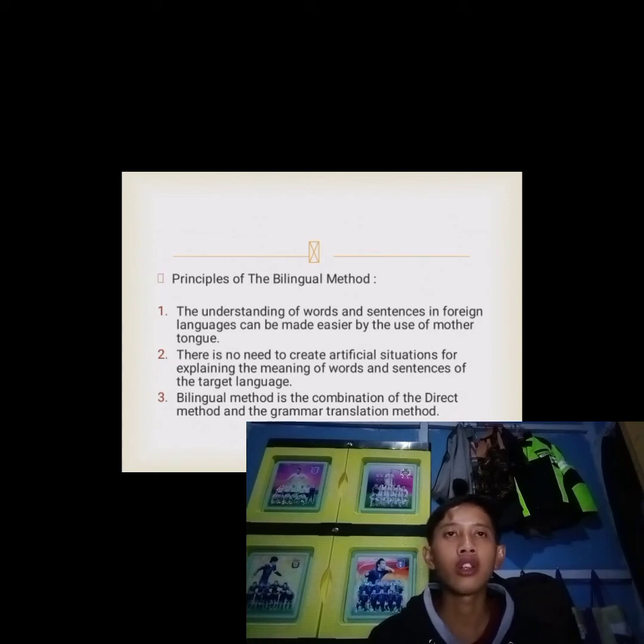The understanding of words and sentences in a foreign language can be made easier by the use of the mother tongue. 2. There is no need to create artificial situations for explaining the meaning of words and sentences of the target language. Third, the bilingual method is the combination of the direct method and the grammar translation method.